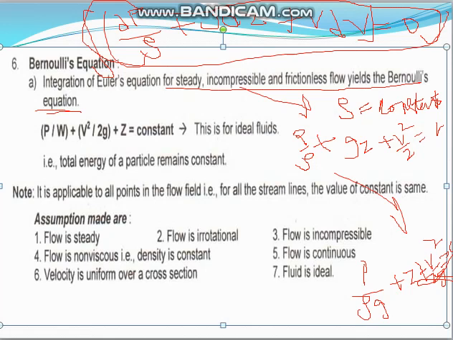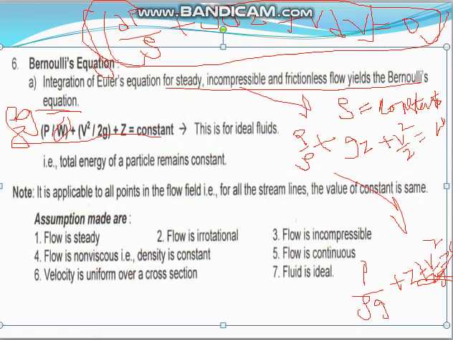So we get the equation as P by rho plus V square by 2 plus g z is equal to constant. Again, by dividing with the acceleration due to gravity, we get the equation rewritten as P by rho g plus z plus V square by 2g is equal to constant here. The same equation is also written here, where w is the specific weight, given as rho g. Plus V square by 2g plus z is equal to constant.